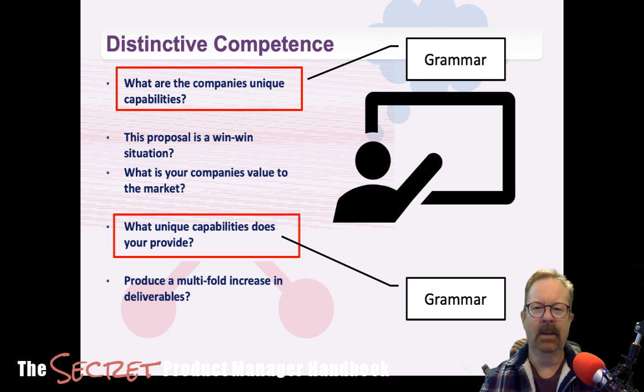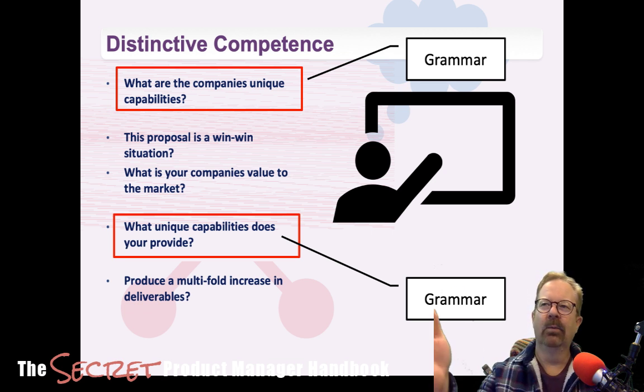One of the things that happens as you copy and paste your slides and do your tweaking is you might end up losing words or getting verbs to not agree with their subjects anymore. We've got two examples on this slide. So, what are the company's unique capabilities? Well, company should actually be a possessive.